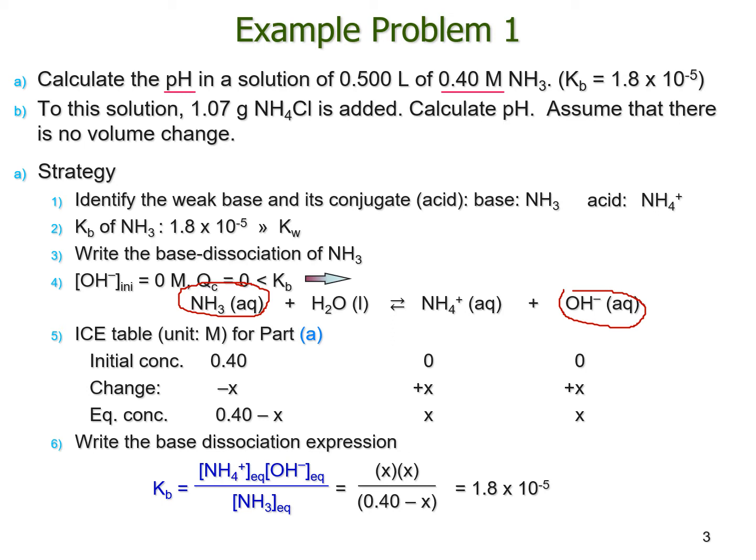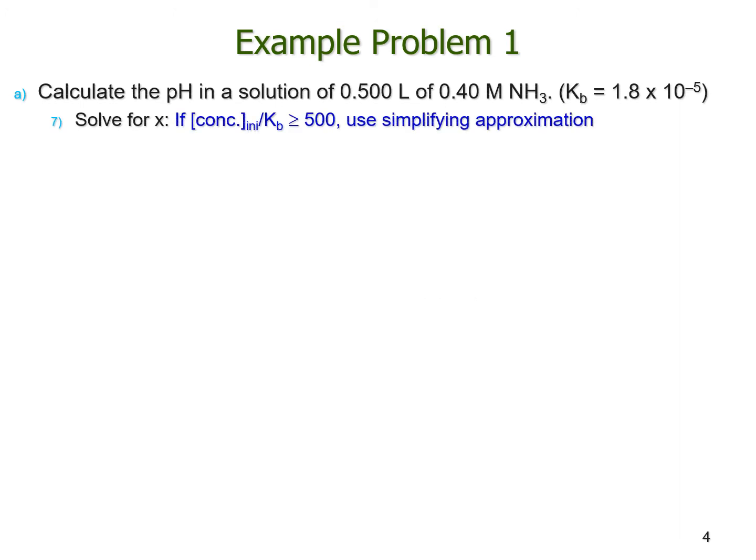Well, I hope that you have already finished the homework assignment about the weak acid, weak base, or salt. So I just assume that we have very good experience with the 500 rule. Every time we see something like this, let's apply the 500 rule. The initial concentration divided by Kb, we find out it's 22,222, which is much greater than 500.